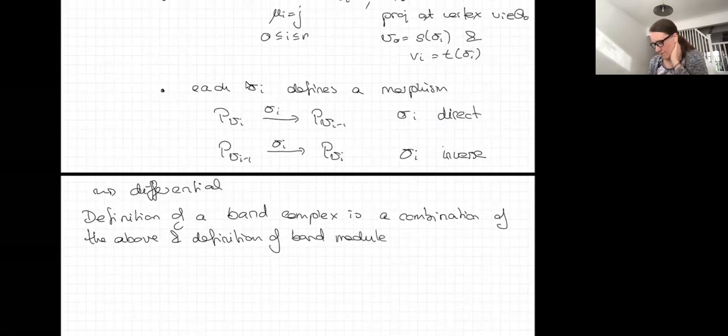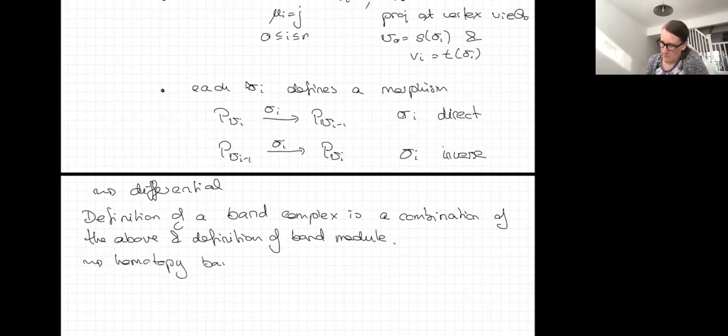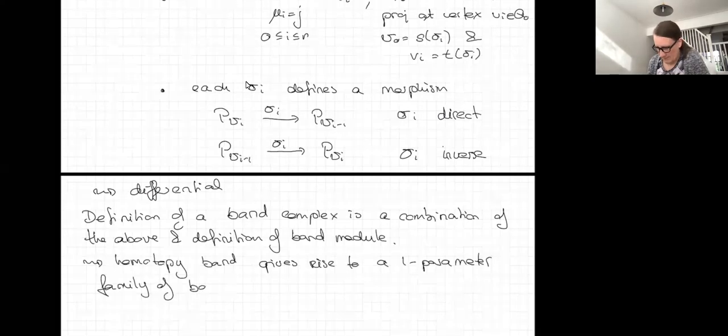Namely, for each homotopy band, we have a whole family of indecomposables. So a homotopy band gives rise to a one parameter family of band complexes.